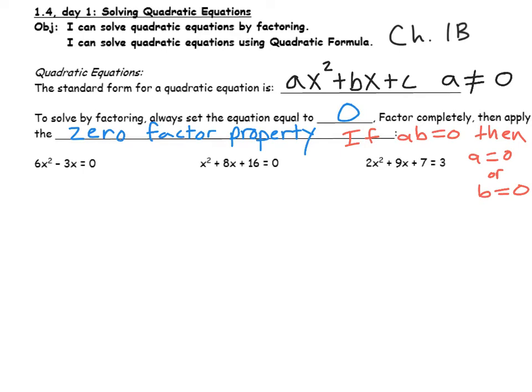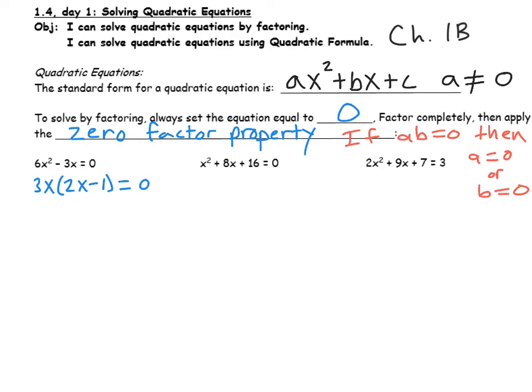All right, now you'll see how that shows up here as I factor this. Here's a little common factoring. They both have a factor of 3x. After I take that out, I'm left with 2x minus 1, okay? So see how I split up this quadratic into 2 factors, okay?